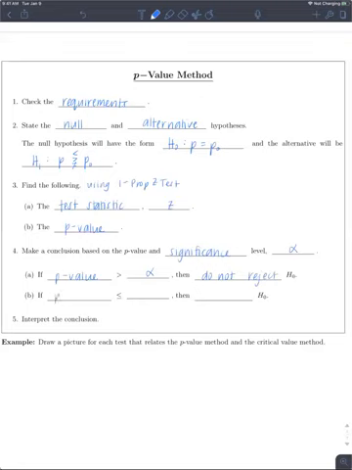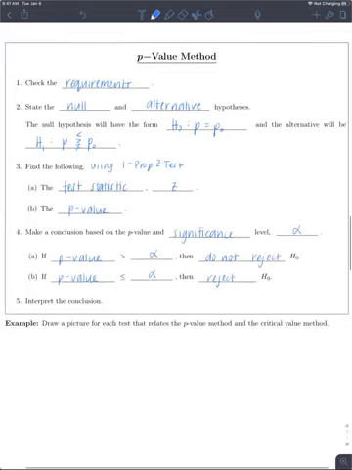If your p-value is less than or equal to alpha, then you reject H naught. And the very last thing is to always interpret your conclusion in terms of the problem. Remember how I was copying down the problem statement whenever I did an example? We'll probably get to one today. That's basically the summary for everything.